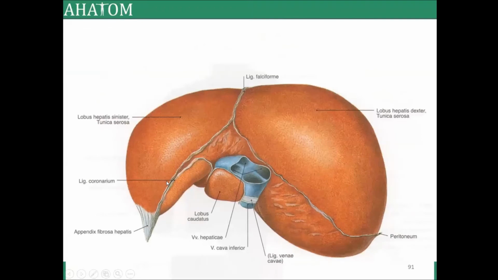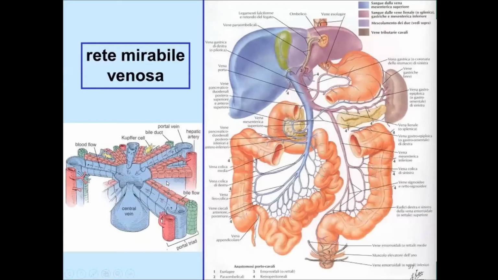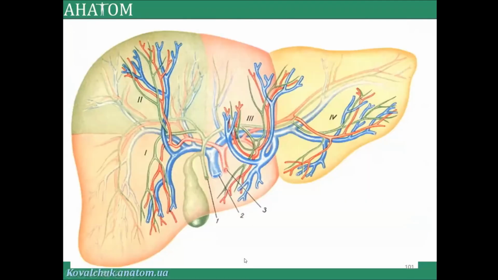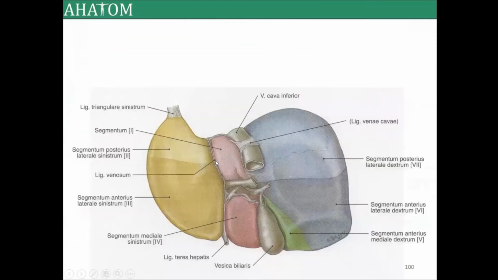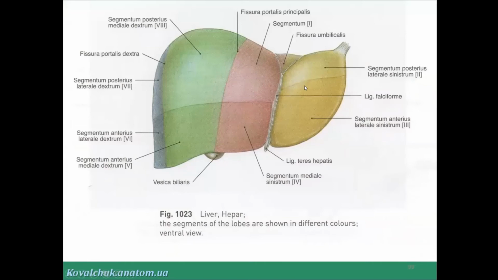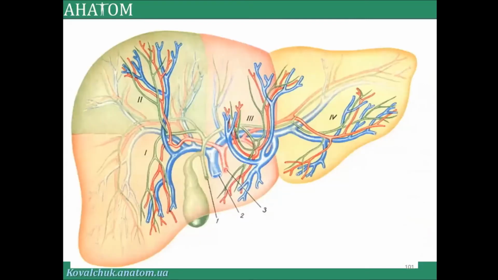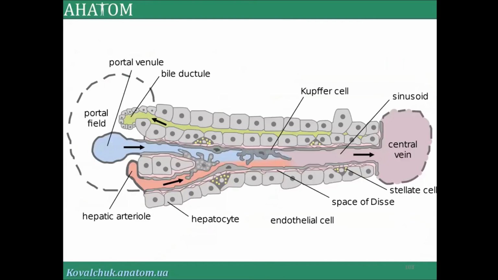Liver with different ligaments, location in the abdominal cavity, a very interesting structure. Inside the liver there is a network, rete mirabile venosum, and the hepatic portal system with venous blood in the liver. The liver has right and left parts with 4 special lobes and 8 segments.